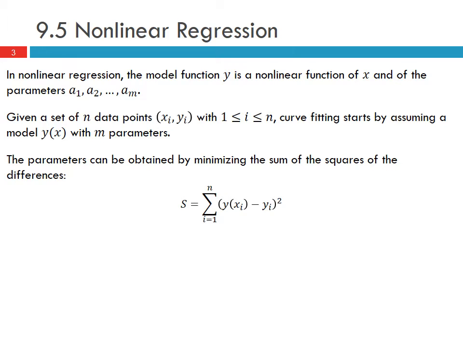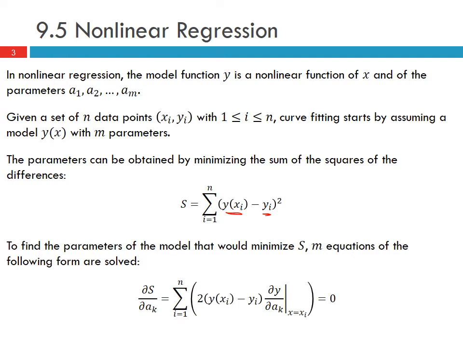These parameters can be obtained by minimizing the sum of the squares of the differences as shown here, where we have the sum of the model prediction of the data minus the actual data squared, and then the sum of all of that gives us S. To find the parameters of the model that would minimize S, m equations of the following form are solved.